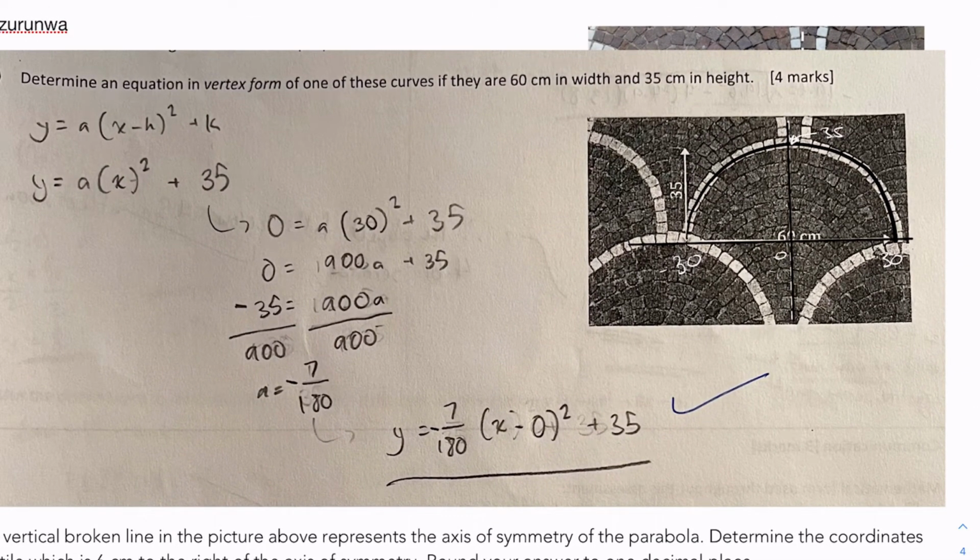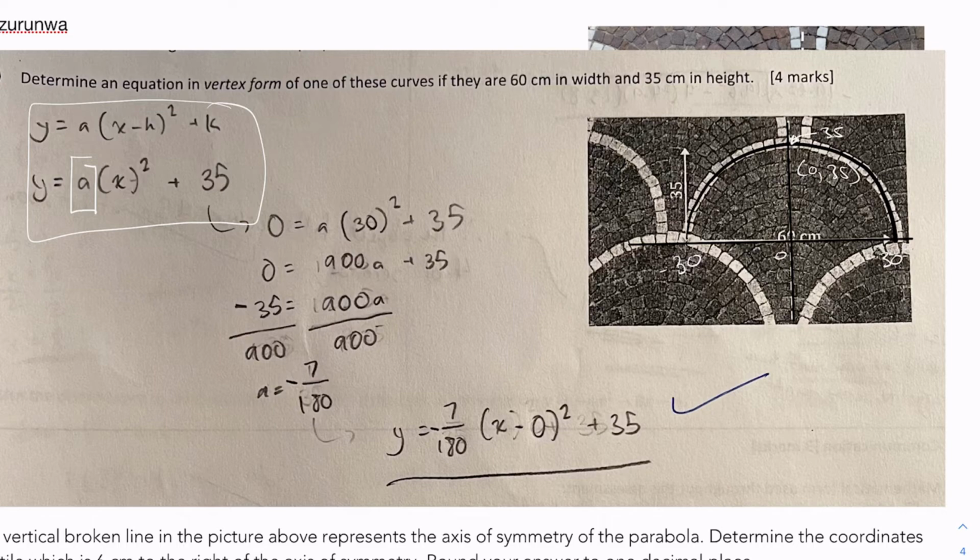Having identified the vertex, which is really just 0, 35, Chi is then able to sub that into his equation for vertex form. The h and the k are pretty easy, but it remains to determine what the a value is, and that's where you're going to have to use another point on the curve.